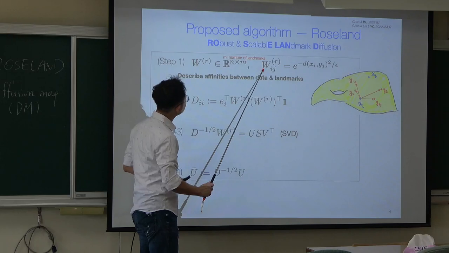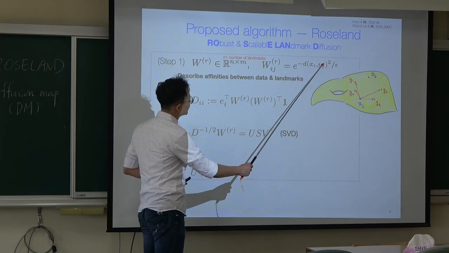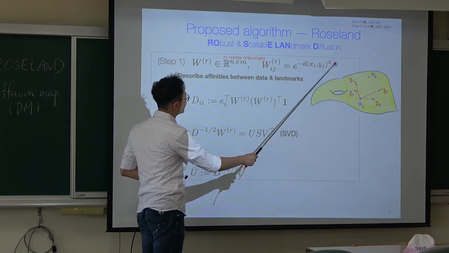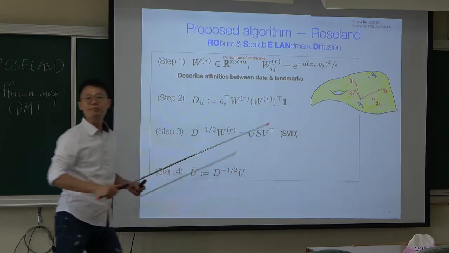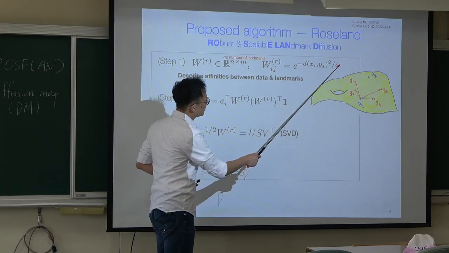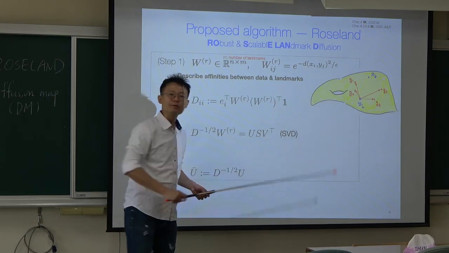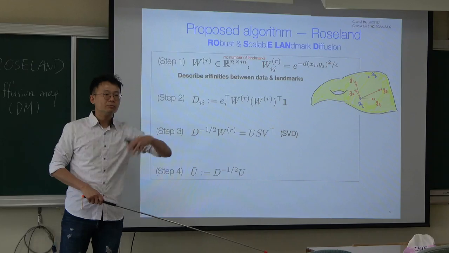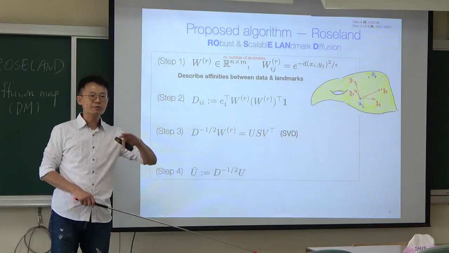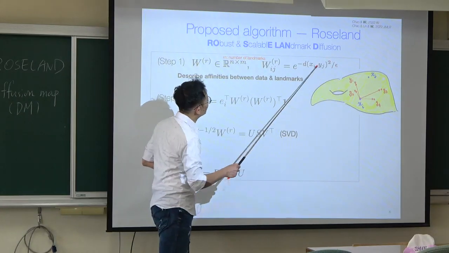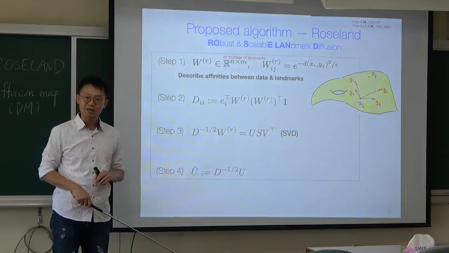And we will put WR, ij, the ij-th entry, to be the distance between xi and yj squared divided by epsilon. Epsilon is the bandwidth. And as we mentioned in the diffusion map algorithm, this bandwidth epsilon plays a similar role as the bandwidth in diffusion map. We will discuss how to choose epsilon later. But right now you can choose epsilon to be the median of pairwise distances between xi and yj.